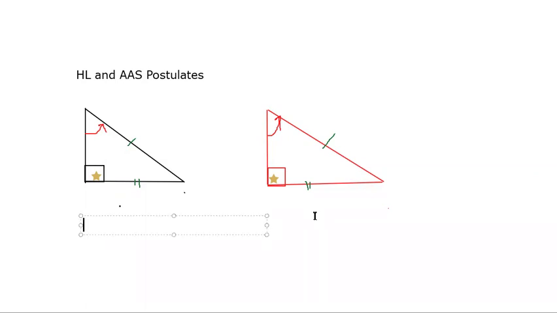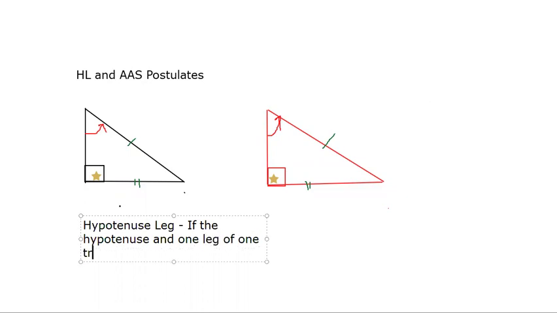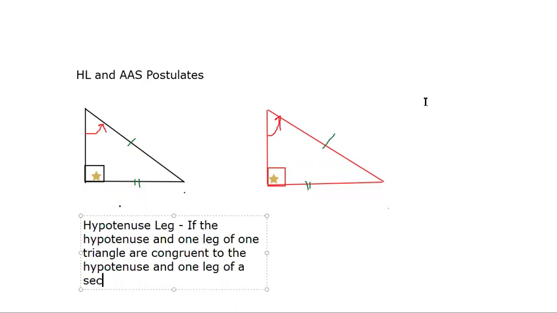So the hypotenuse leg postulate says if the hypotenuse and one leg of one triangle are congruent to the hypotenuse and one leg of a second right triangle, then the triangles are congruent.